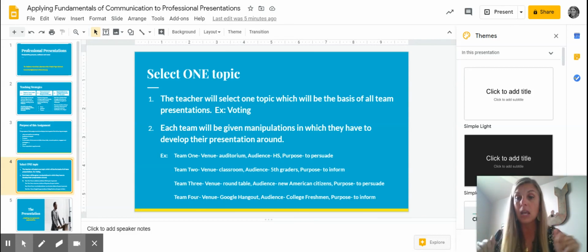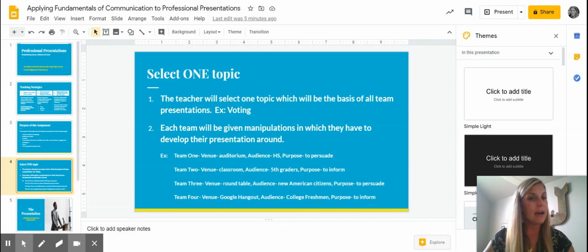Team 2 will have the venue of the classroom. Their audience is going to be 5th graders. You're talking about attention spans. They can learn things, but attention span's pretty short. Their purpose is to inform. So they're really going to have to take into consideration the room, the kids, how long they have with those kids to keep them engaged, and some strategies to really create some excitement.